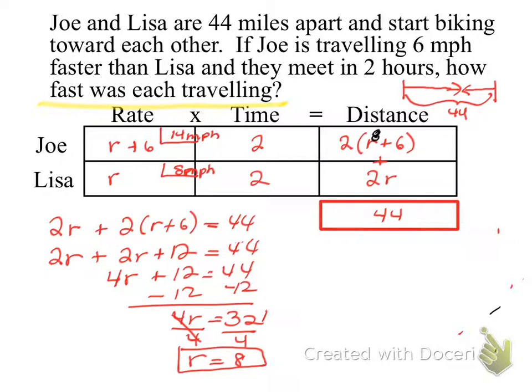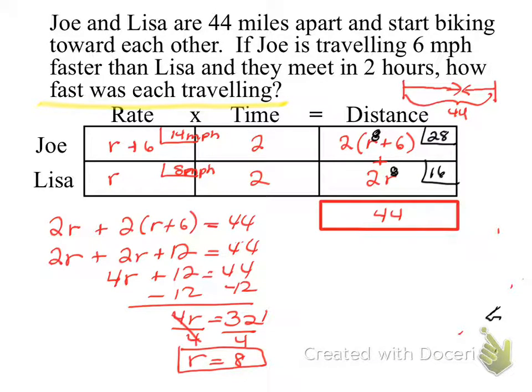R is 8. So what would it be? That's going to be 16. And what's the other one going to be? Right. 8 plus 6 is what? 28, yeah.